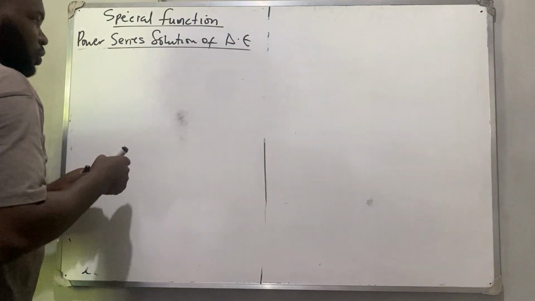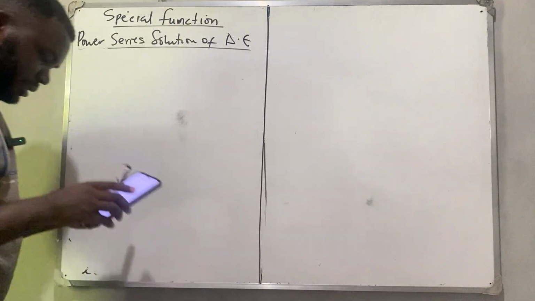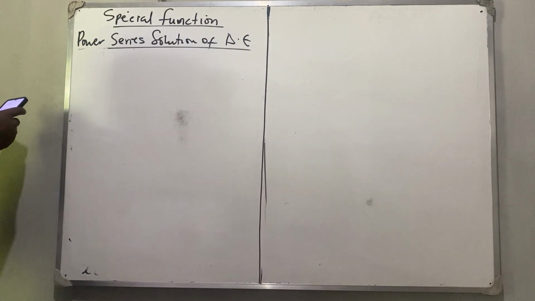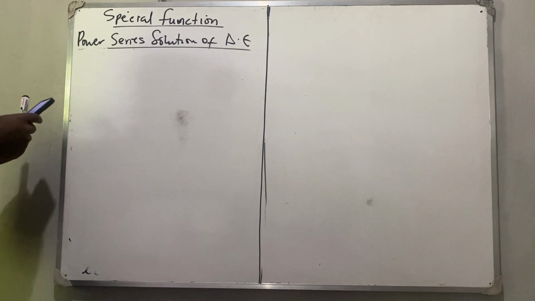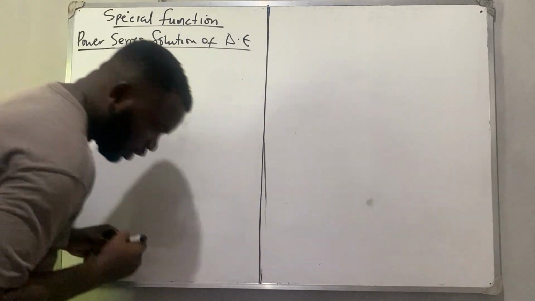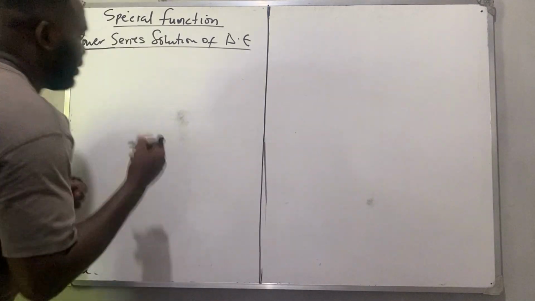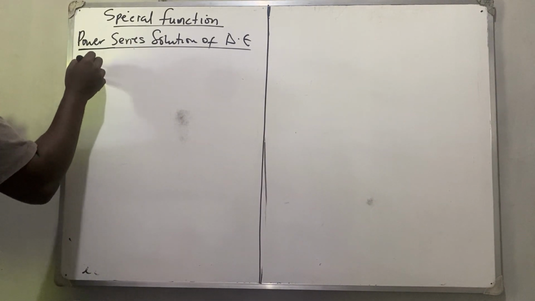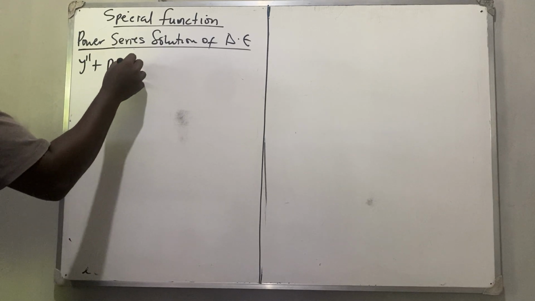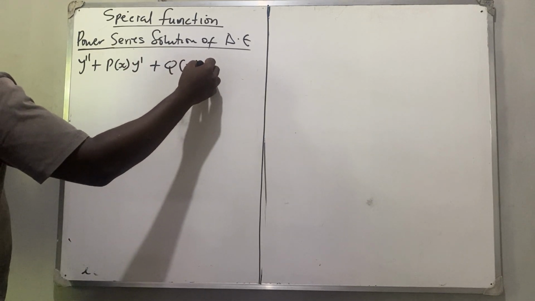So you should note, let's have a differential equation. If you have a differential equation like this, y prime prime plus p of x, y prime plus q of x, y is equal to 0.